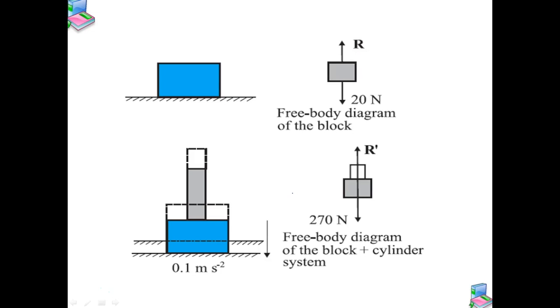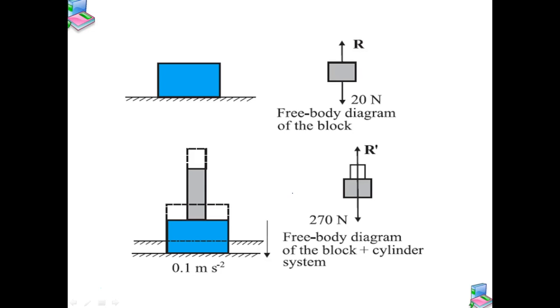What is the action of the block on the floor before and after the floor heels? Take g equal to 10 meter per second square. Identify the action reaction pairs in the problem.